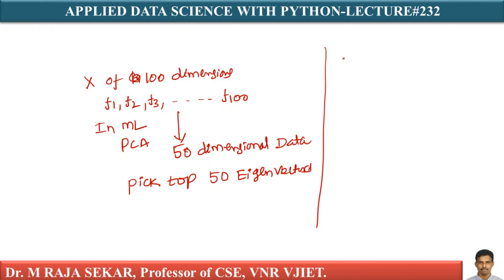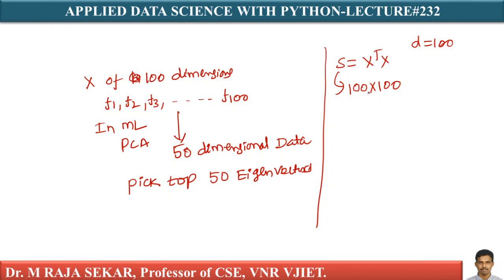Same procedure. I have to calculate X transpose X. What is this matrix order? Its order is D by D, where D equals 100.